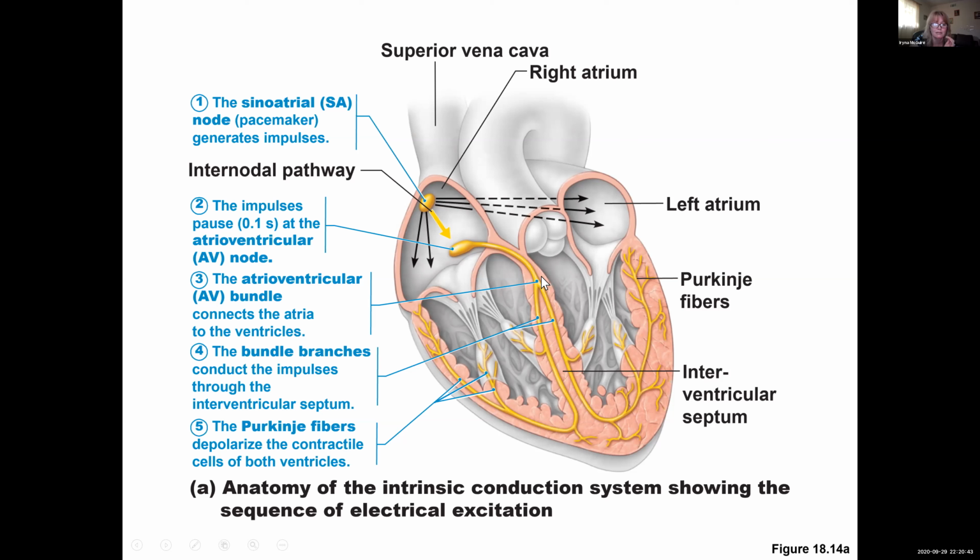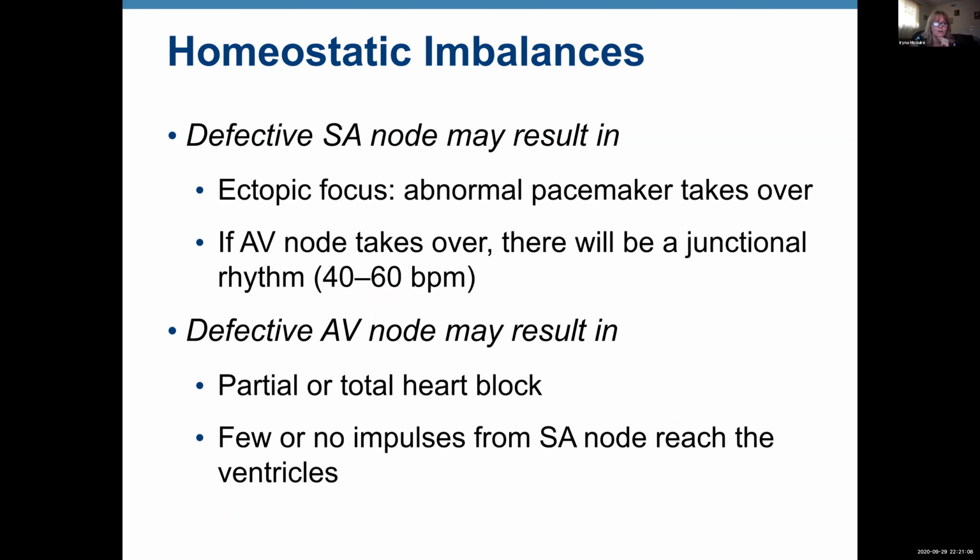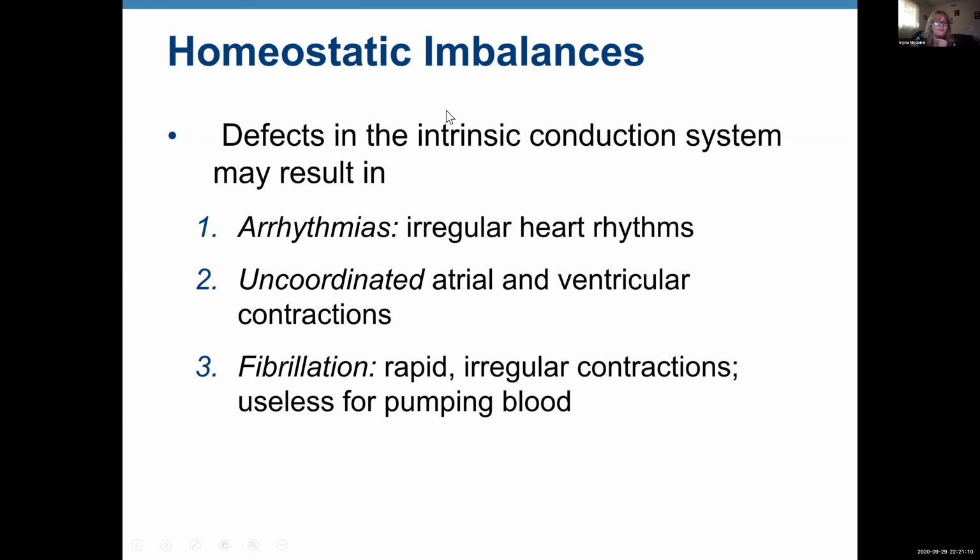So this is the conduction system of the heart. Those cells are autorhythmic cells, the ones that have unstable resting potential, and so they are capable of generating electrical impulses without activation from the central nervous system. That makes sense?